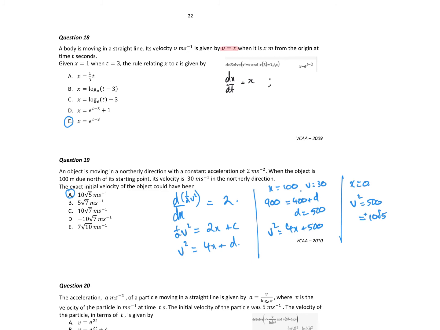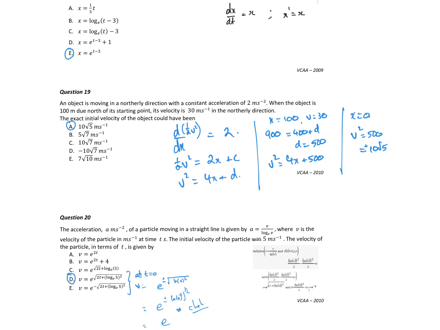In other words, x dashed is equal to x. I could go through the integration process, flip it upside down, all that sort of stuff, but I've got DE solve as well. X dash is equal to x, my initial condition, at t equal to 3, x is equal to 1, and so I get x is equal to e to the t minus 3.